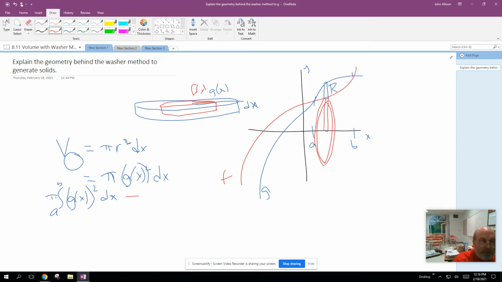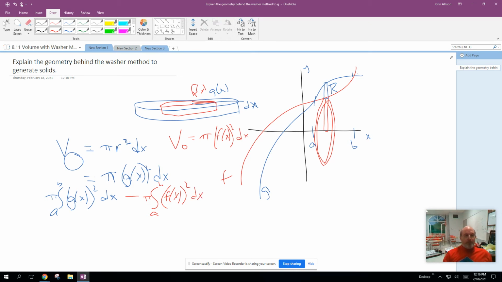We would take it away from that, and we would get from a to b the integral, pi again outside. This time, the inside radius would be f of x, so we would have f of x squared. Let's go ahead and write the expression for that up there. It's pi times f of x squared, the radius squared, dx.